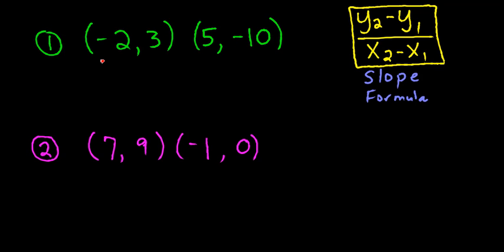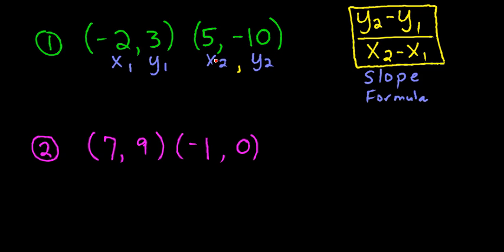Typically, people take the first set of coordinate points that are listed as your x1, y1, and your second set is your x2, y2. And notice the key thing is that this little subscript is just a label saying that these two are from the same point, and x2, y2 are from the same point. Okay?